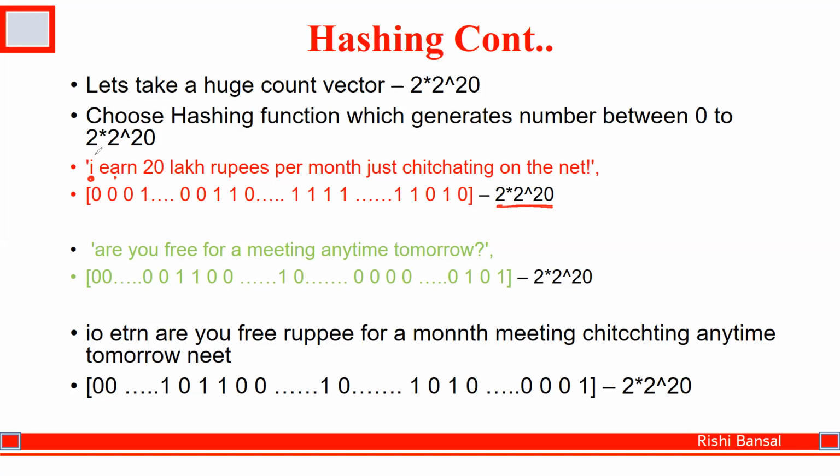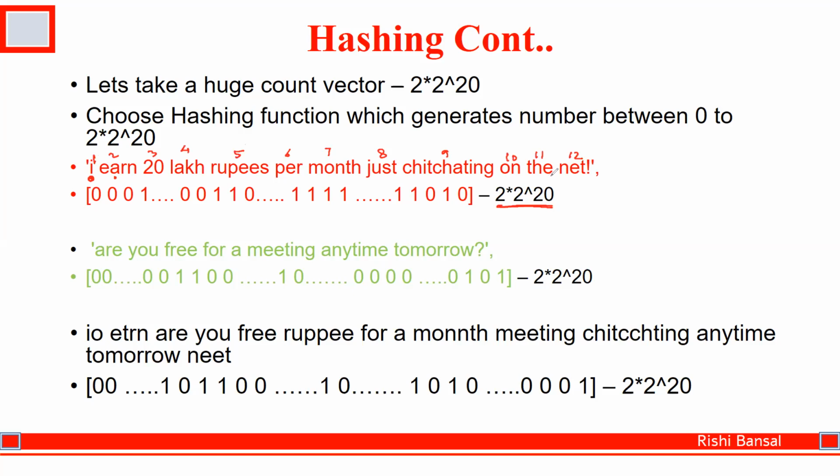Now how many words are we having? 1, 2, 3, 4, 5, 6, 7, 8, 9, 10, 11, 12. So this mail has only 12 words, and I think all are unique, there is no repeating.